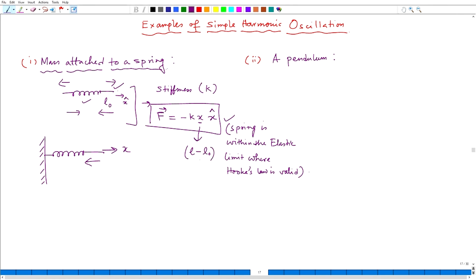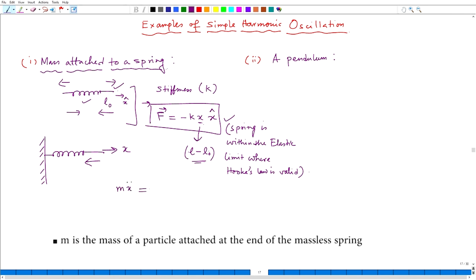You also sometimes have to use that while solving problems, because we give you L0 and then we give you L, so you have to subtract L0 from L to get this x. Finally, you should write m x double dot equals minus K (L minus L0). That is the correct way to think.